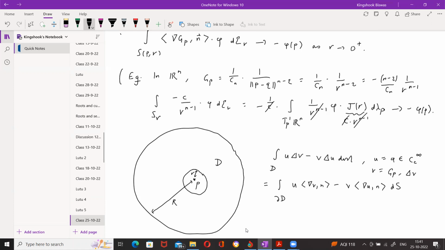So this Laplacian v is 0, and in this integral the Laplacian v term will vanish. What will remain is just minus the integral of v Laplacian u, so that is the integral I'm looking at, g_p Laplacian phi.